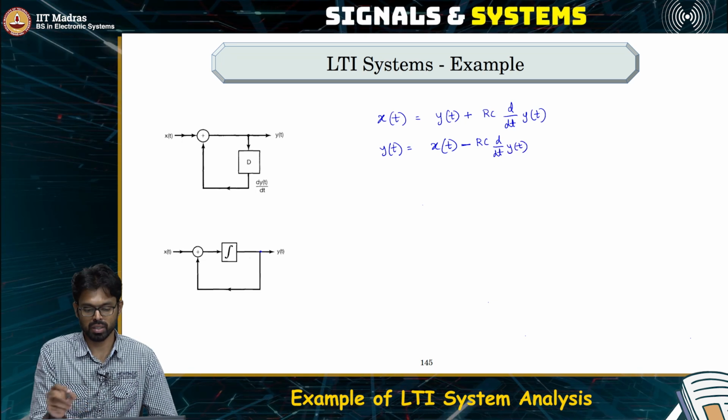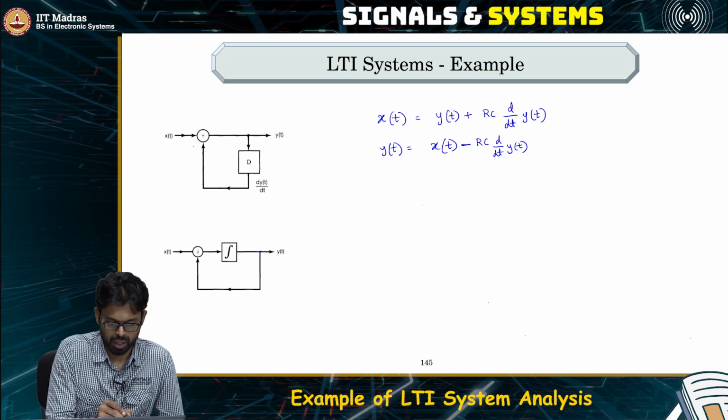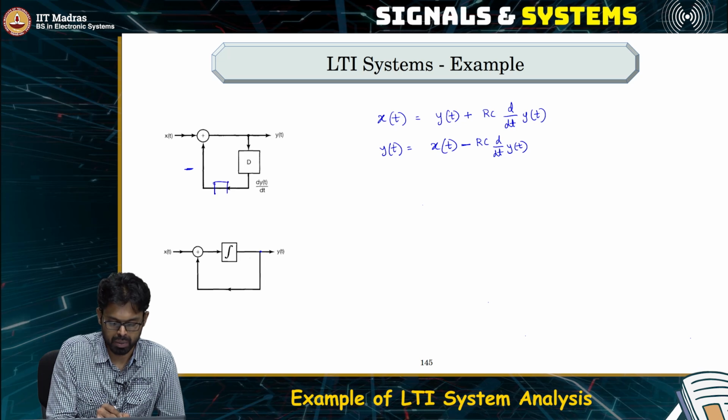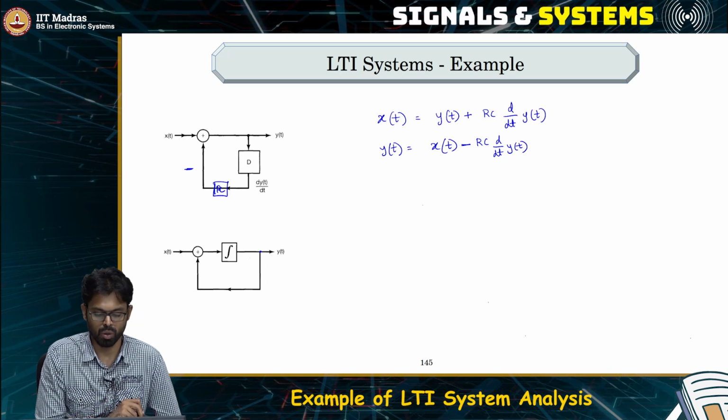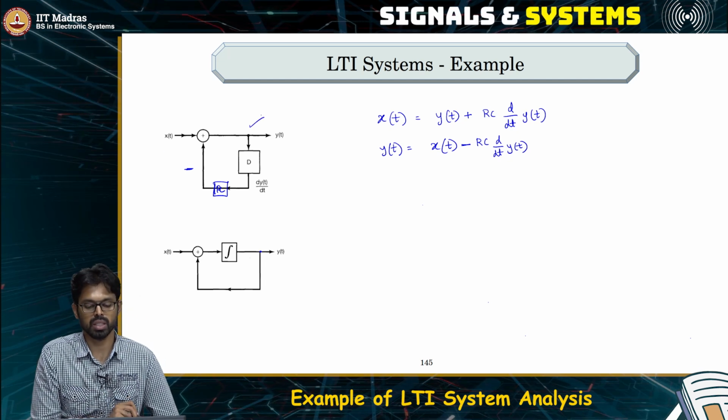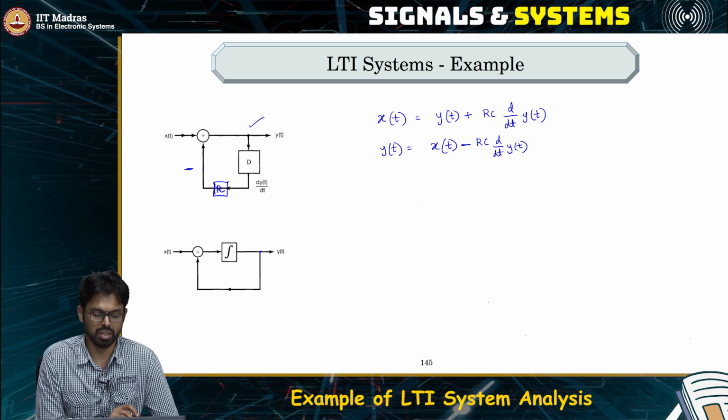So, you can represent this entire system as input minus RC times the derivative of the output. So, this is a simple block diagram that we have here, which represents the input-output relationship in an RC circuit.